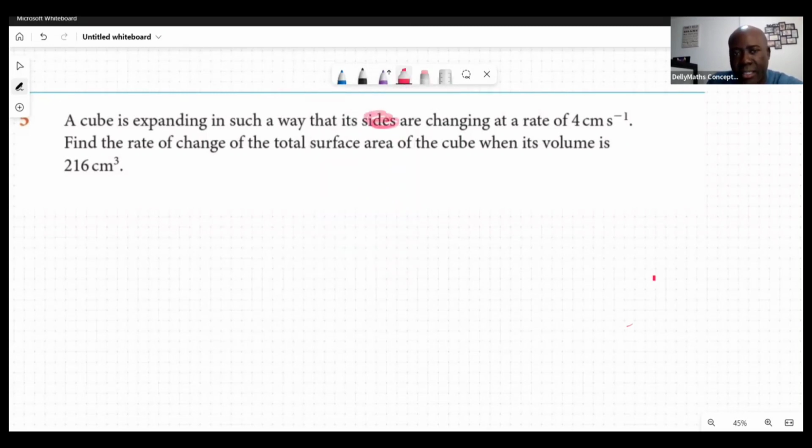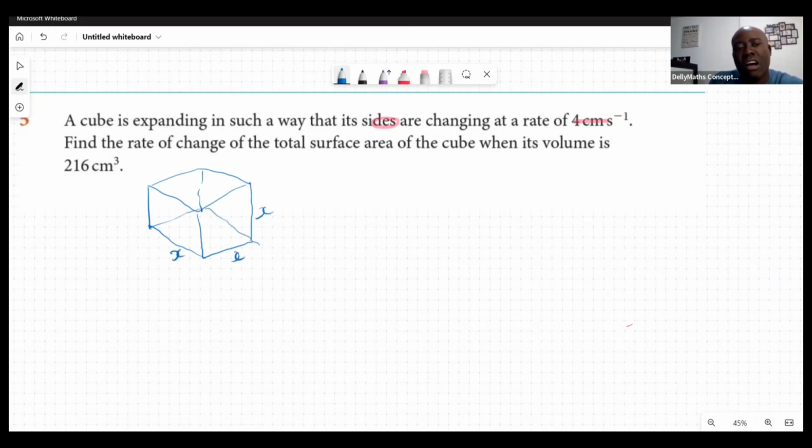Let us say we have a cube and we are dealing with the cube. Depending on what we want to use for the sides, you could use anything. Let us say I use x as the sides right now. I could use L, anything I want.